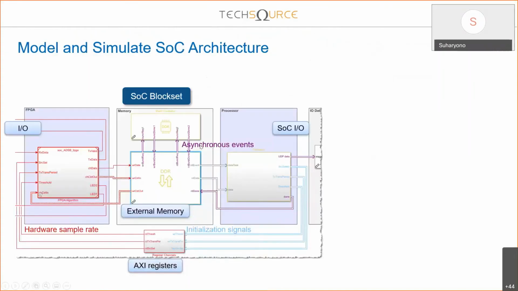So how can we model the entire system, including the hardware architecture, like the external memory that is being used, or the connection between the FPGA and the processor through the AXI register? We can model this using the SoC Blockset library, so we can model various I/O ports.